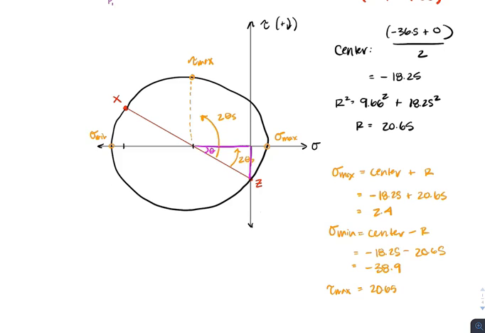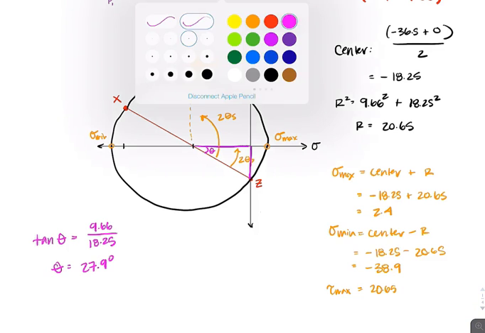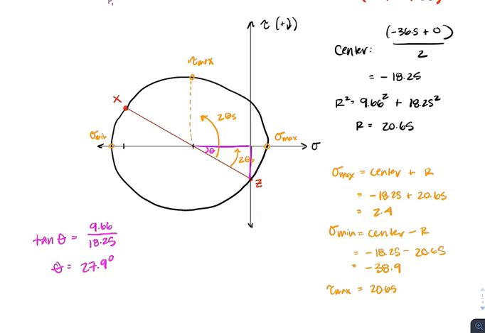For that theta, since we know those triangle distances, we can just say the tangent of theta is equal to 9.66 over 18.25. So that's going to get us a theta which is equal to 27.9 degrees.